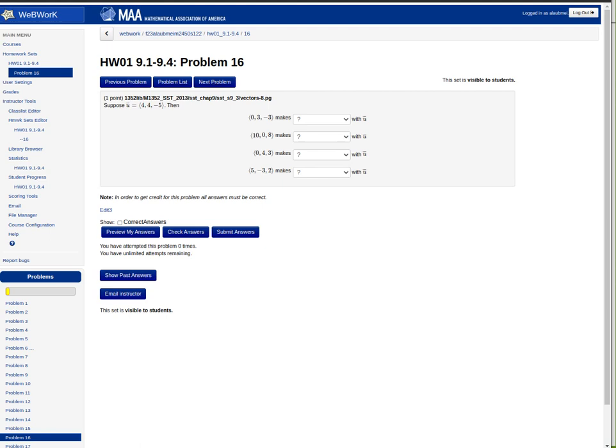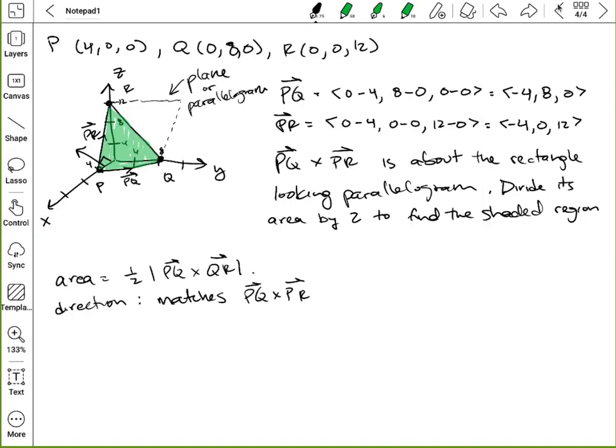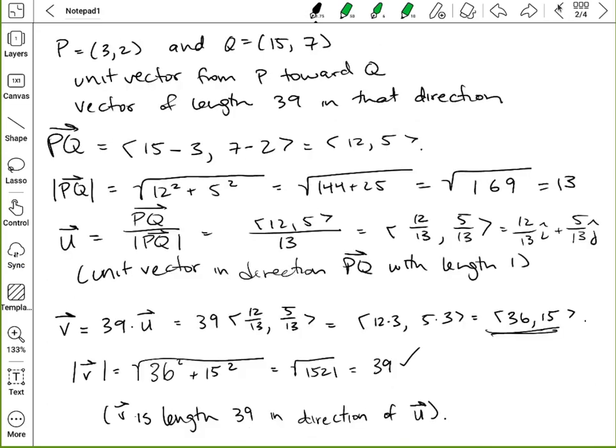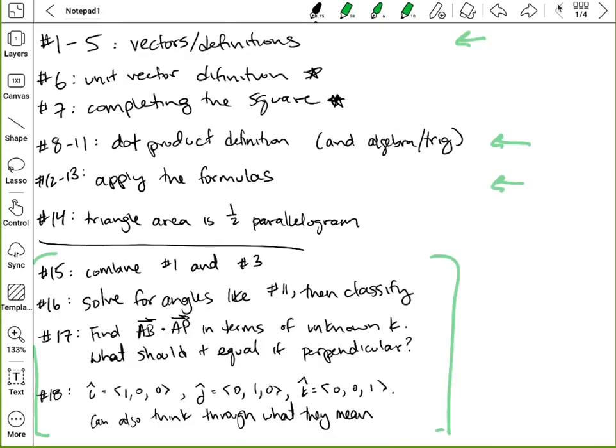For 16, let me see what I wrote on that first page. Yeah, I'm not going to write more here either. You just solve for the angles the same as in problem 11, with the dot product definition in an algebra problem, basically. And then you just classify.